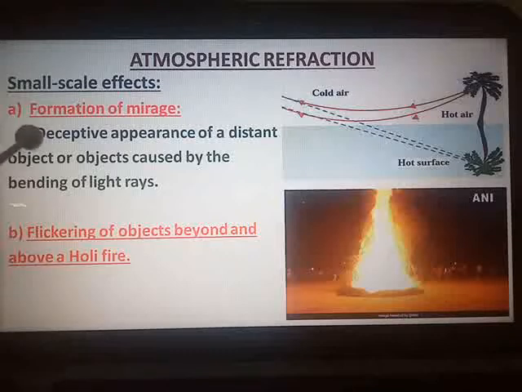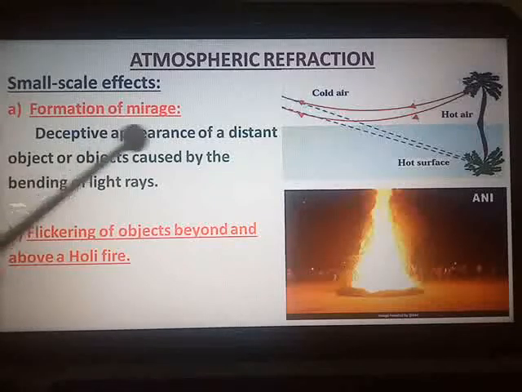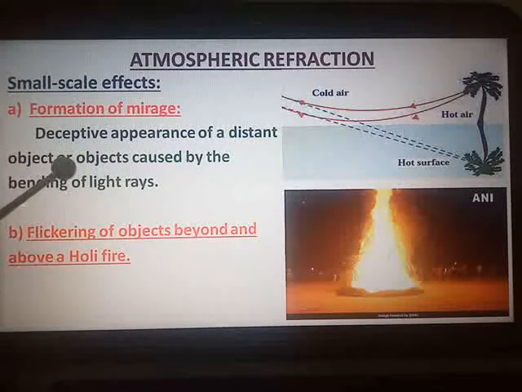It is nothing but deceptive appearance. Deceptive means likely to give a false impression. A person is not standing there, but you will think as if the person is standing there. So that is known as deceptive appearance of a distant object or objects caused by the bending of light rays.